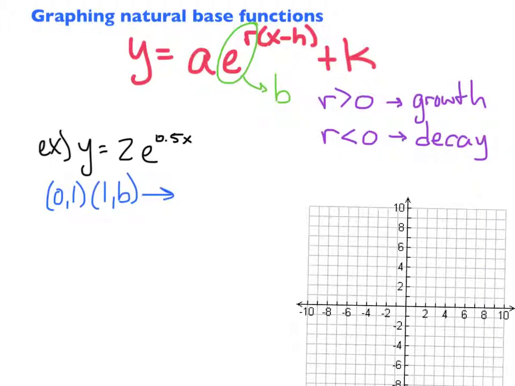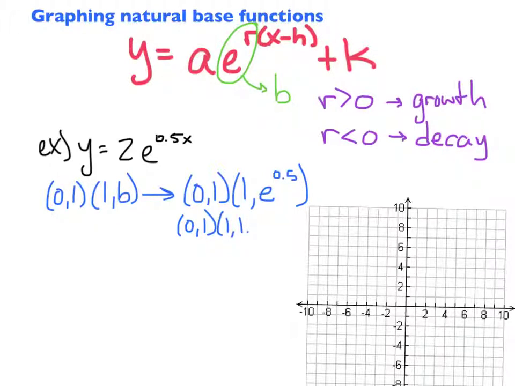Today, that b is e raised to that power, so e to the 0.5. We use our calculator to figure out what e to the 0.5 is. So we have the points 0, 1 and 1, 1.65 after some rounding.